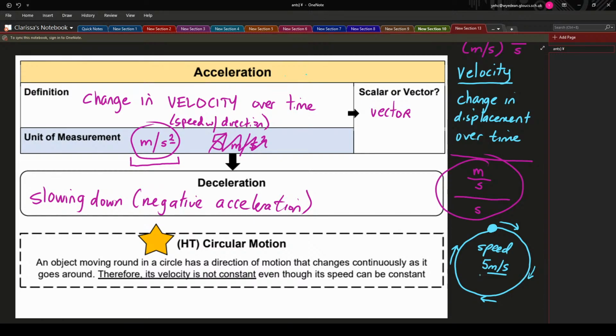And remember, with a vector quantity such as velocity, we care about its direction. So its velocity is changing, and therefore it's accelerating because it's changing in velocity. If it just had the same velocity the whole way through, we would say it's not accelerating. Acceleration is 0. But if there's ever a change in the velocity, there has to be some measurement of an acceleration there or a deceleration.